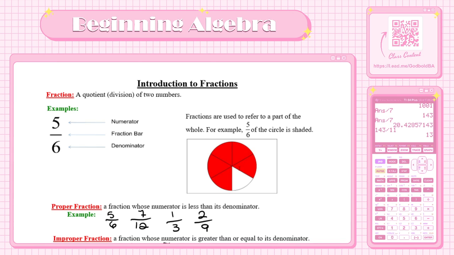I had this circle, and I cut it into 6 total pieces. Each of those pieces, and forgive me because this word is hard to say, is called a sixth. So this is a sixth, or you can say 1/6.